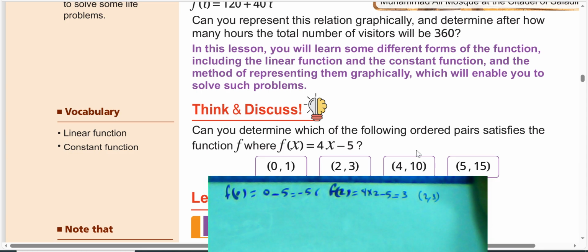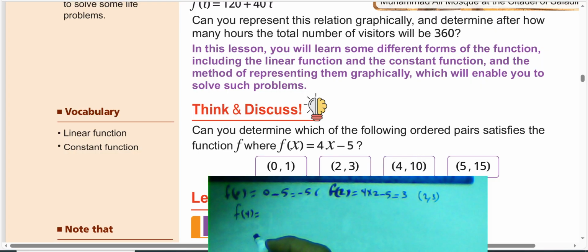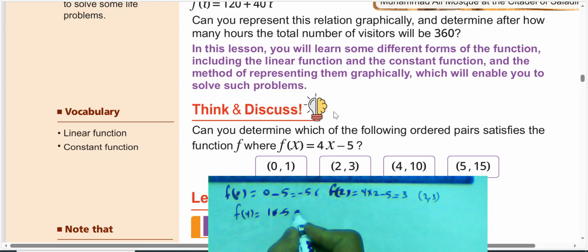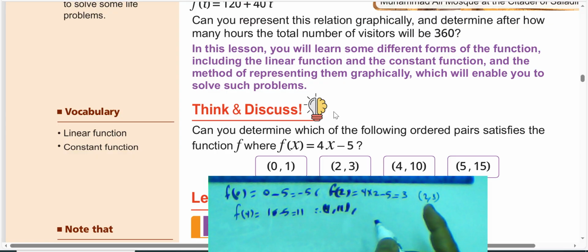Next point, 4 and 10. f of 4: put the value of x equal 4 in the function here. 4 times 4 equals 16, minus 5 equals 11. Then 4 and 10 does not satisfy, because the result will be 4 and 11, not 4 and 10. And what about f of 5?